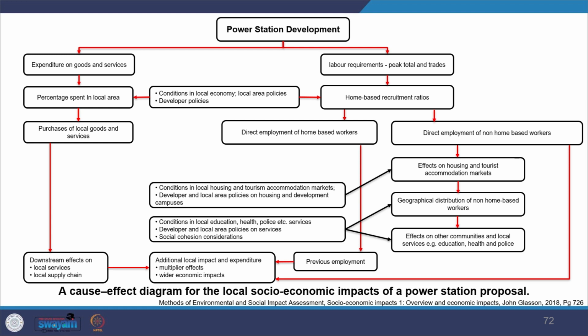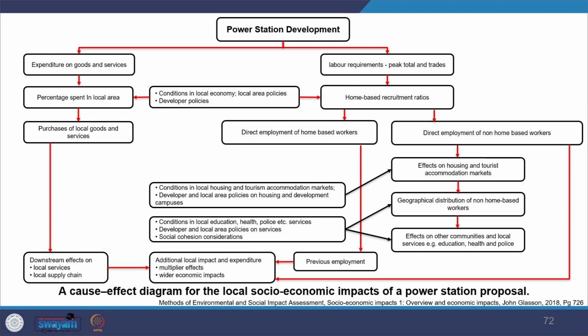You look at the arrows going to expenditure on goods and services, so that would lead to economic opportunity, percentage spent in the local area, purchases of local goods and services, and downstream effects on local services, local supply chain. So is it creating pressure, or is it boosting the local economy? That you have to see.